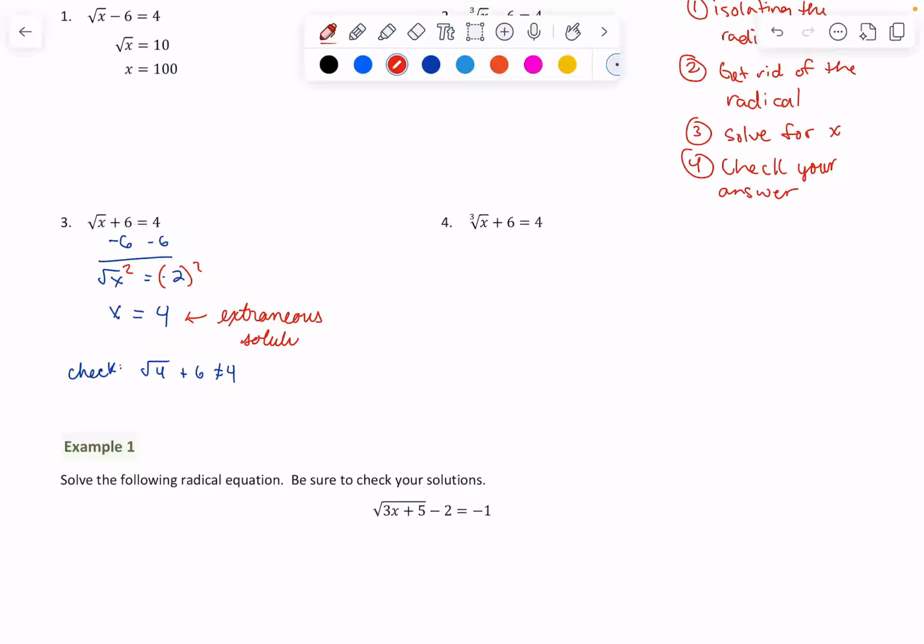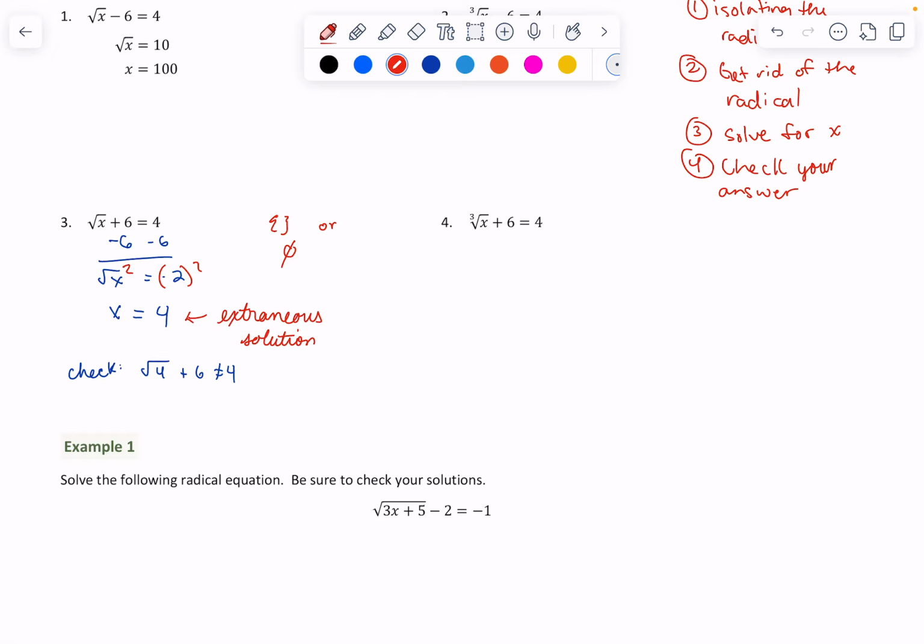It's a solution we obtain by following all the correct mathematical steps, but doesn't actually make the equation true. So since this is the only answer we got and it's not true, then there is no solution to this equation, which we can represent with empty curly brackets or that symbol, which also means there's no solution.